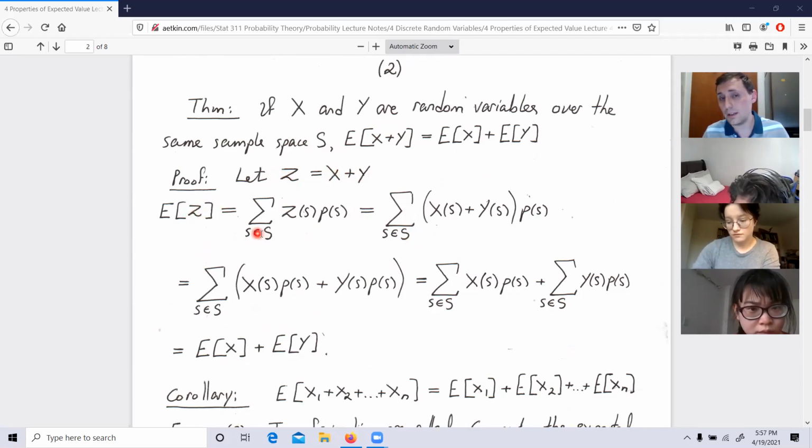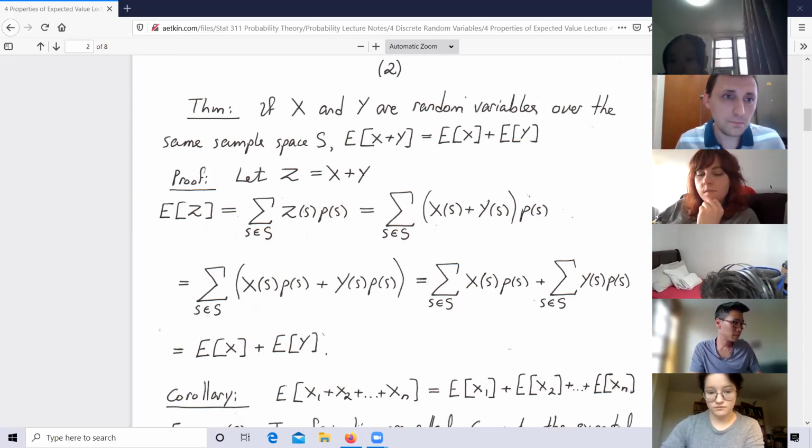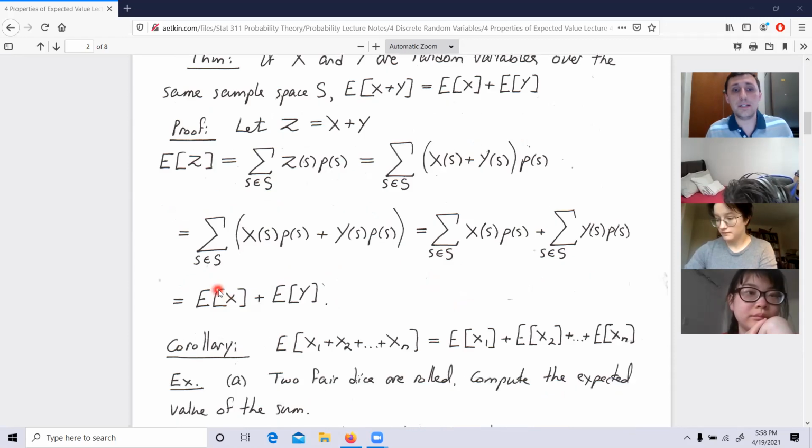If I use sorting through the first column, it's z of s times p of s, which is the summation of x of s plus y of s times p of s. I can distribute and multiply the p of s through and separate the summations. And here we have the result. You understand? It just follows by distributing the summations. And I have that this is the expected value of x plus the expected value of y.